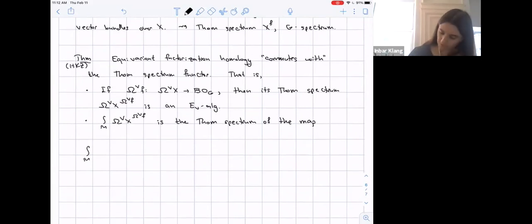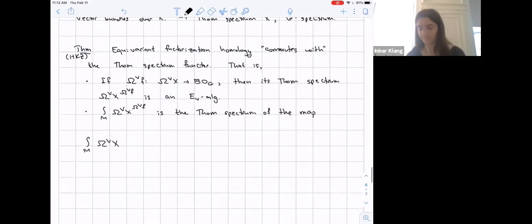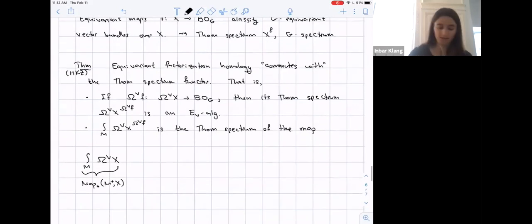So we start with this space, factorization homology of M with coefficients in Ω^V X. And recall that by our non-equivariant Poincaré duality theorem, this is equivalent to a mapping space.